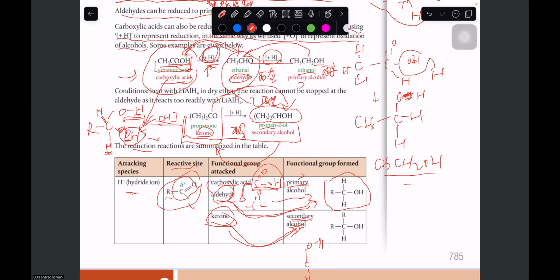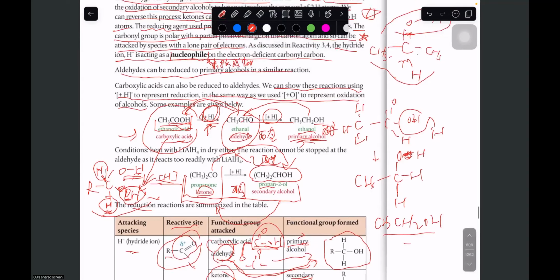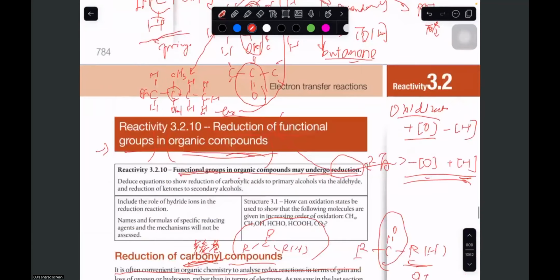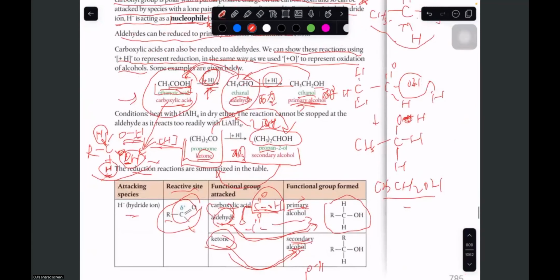At the end of this reaction, we will get the primary alcohol because it connects with two hydrogens, right? It's just a reverse reaction of the primary alcohol's oxidation, and a reverse reaction is a reduction of it.